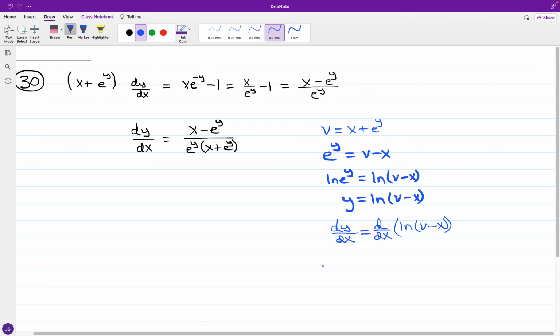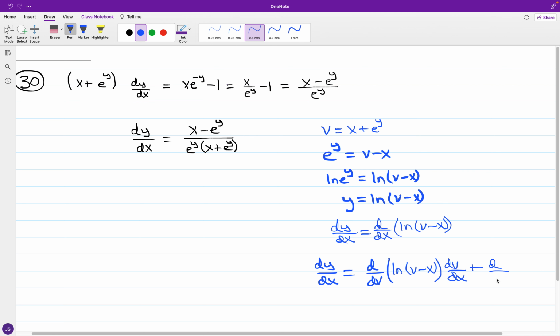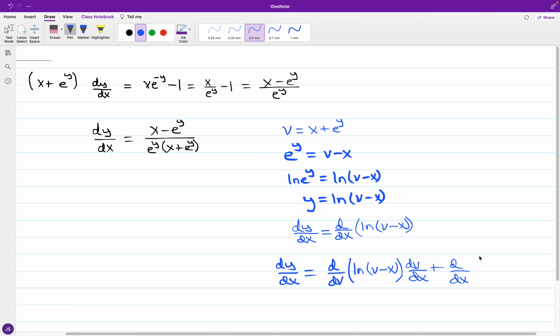In setting things up, dy over dx is equal to, for the v portion, d over dv of the natural logarithm of the quantity v minus x, times dv over dx, plus d over dx of the natural logarithm of the quantity v minus x.